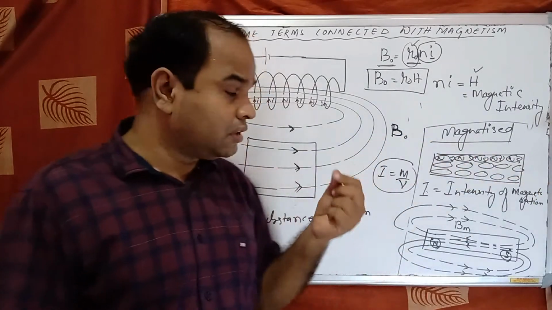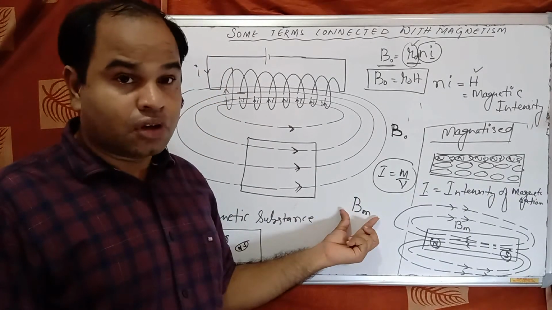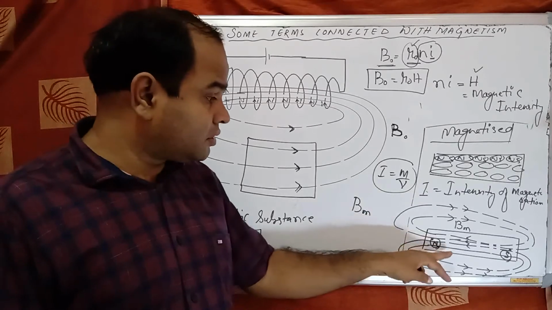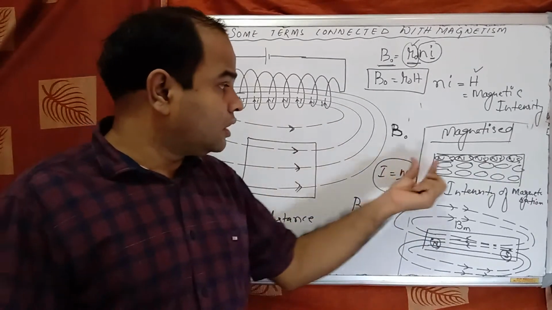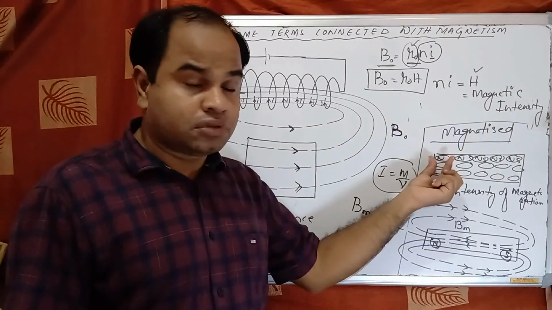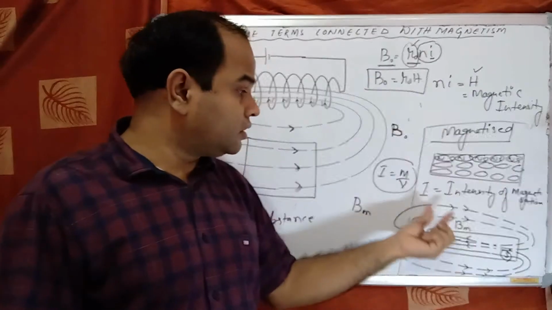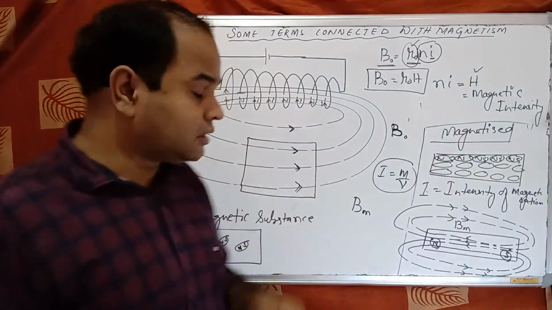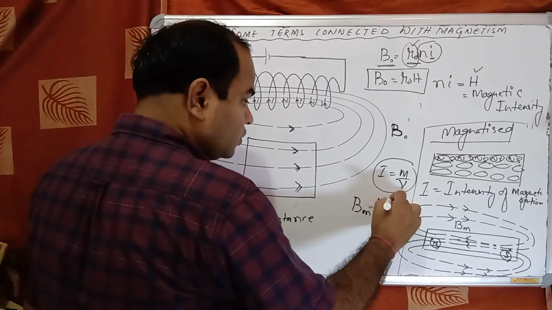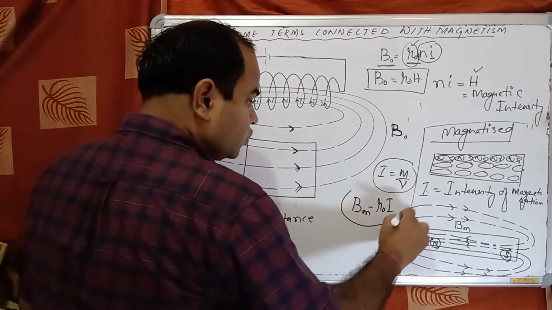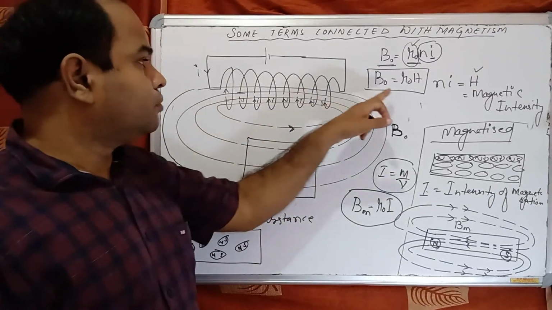Again, the magnetic field strength of the magnetic substance is due to the number of dipoles aligned in a particular direction, that is I. So we can say this Bm is equal to mu naught into I, while the solenoid's is mu naught into H.